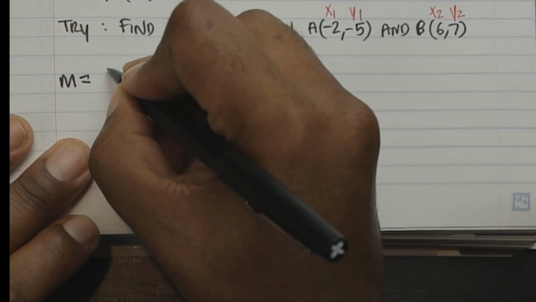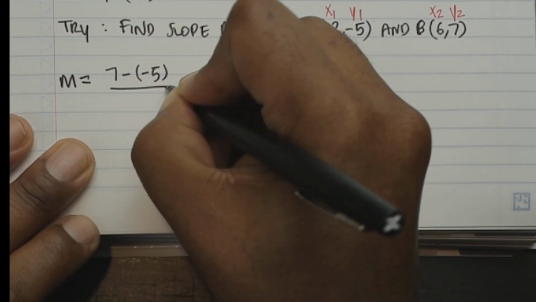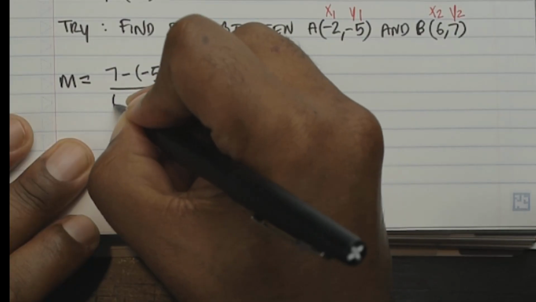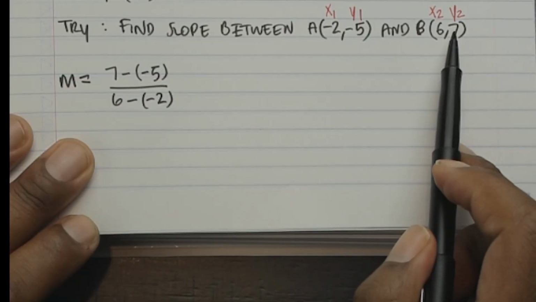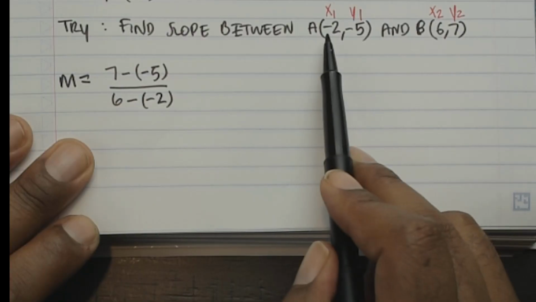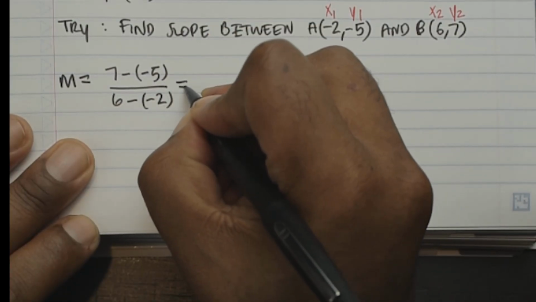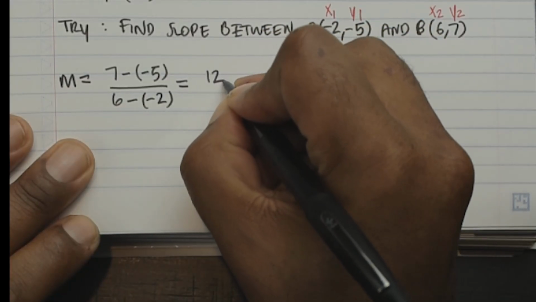So 7 minus a negative 5, and 6 minus a negative 2. Those two minus signs make it a positive, and I end up with 12.